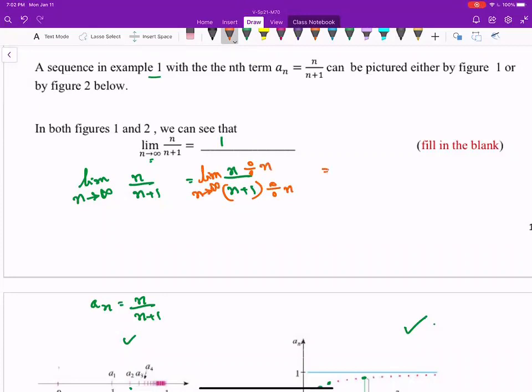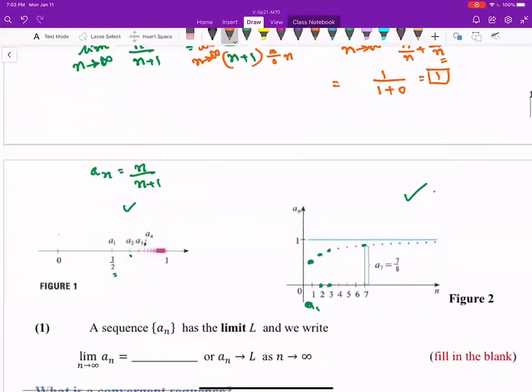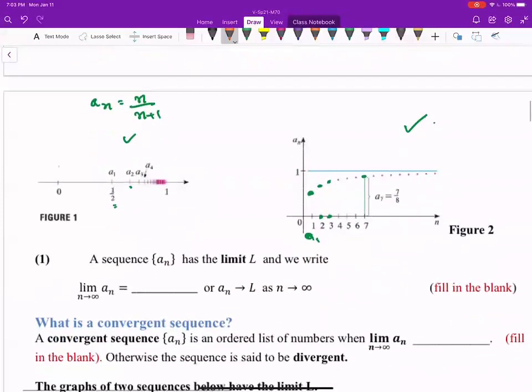So it is the limit as n approaching infinity of 1 in the numerator, divided by n plus 1 over n, which is n over n plus 1 over n. And we know that 1 over a large number is 0. So the denominator is 1 plus 0, which is equal to 1. So you can prove it that way too. The limit as n approaching infinity of n over n plus 1 equals 1. You see that in the picture shown in figure 1 and figure 2.